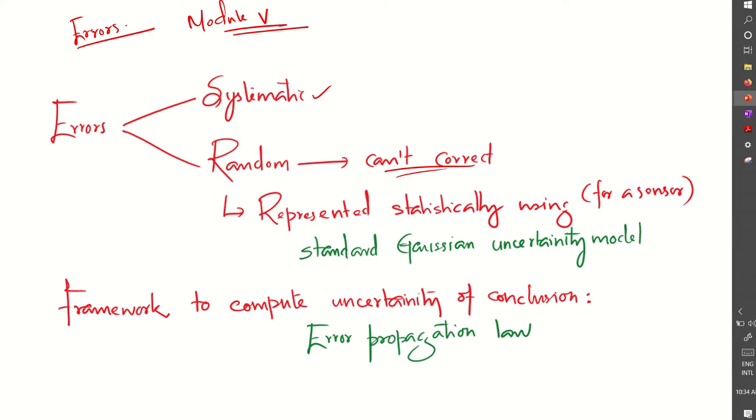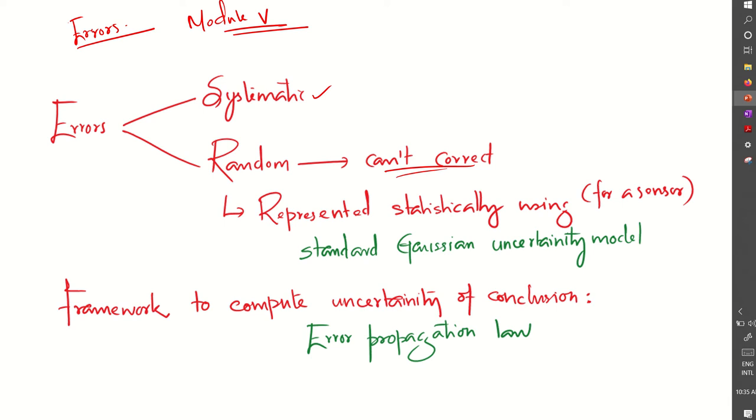We take those values, and we will design the uncertainty model of that particular input sensor, and we will see how this will affect the output. What uncertainty will this error model cause at the output of the system?